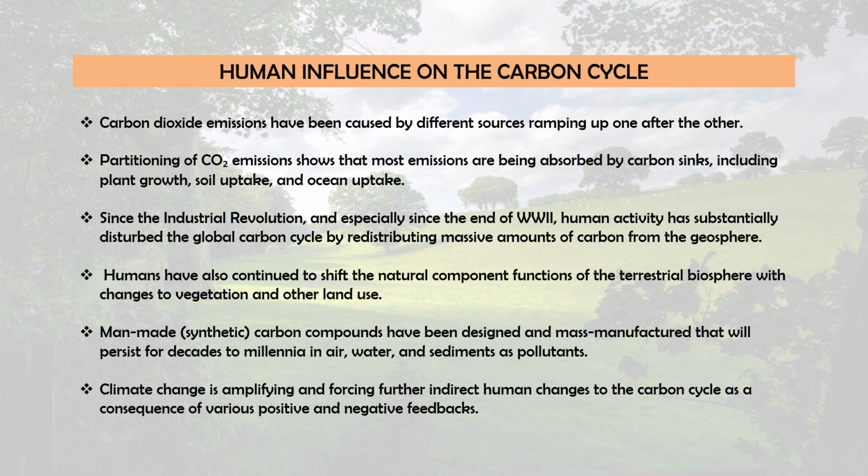The carbon dioxide emissions have been caused by different sources that are ramping up one after another, and the partitioning of these carbon dioxide emissions shows that most emissions are being absorbed by the carbon sinks that are maybe plants, maybe ocean, forests, etc., including plant growth, soil uptake, and ocean uptake.